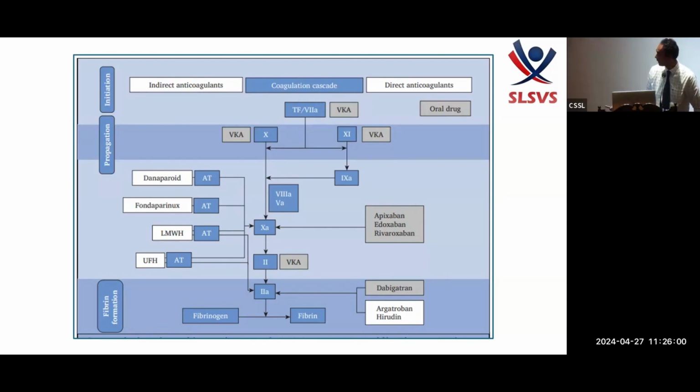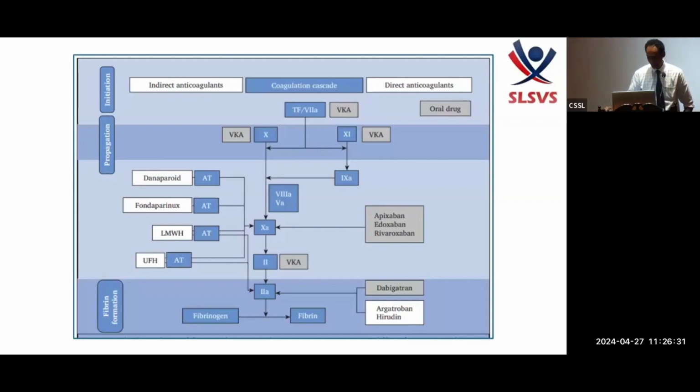They all need antithrombin as the cofactor to act on the factor 10A or factor 2A. Direct anticoagulants can directly act on the factor 2A as well as factor 10A without the cofactor. So the ash color boxes you get are oral anticoagulants, the NOACs that Nalaka has discussed.